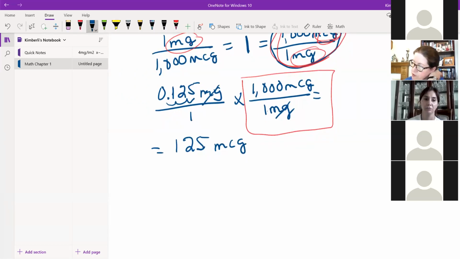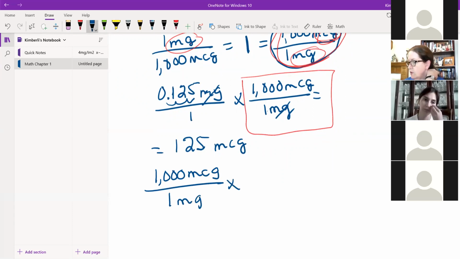So with the conversion factor first, it's going to look like 1,000 micrograms because I want to end up with micrograms over 1 milligram. And then multiply it by 0.125 milligrams. And I can put it over 1 to make it a fraction. You don't have to write the 1. And this is going to tell me to multiply by 1,000.